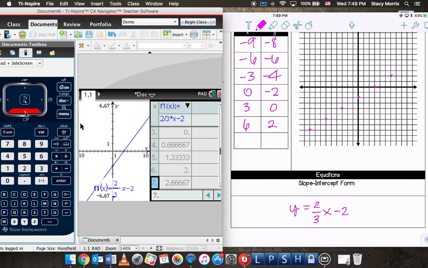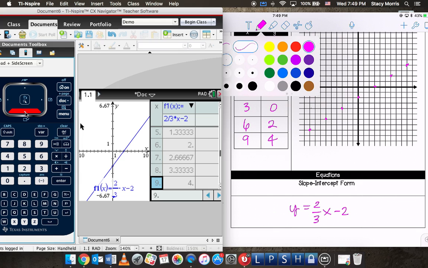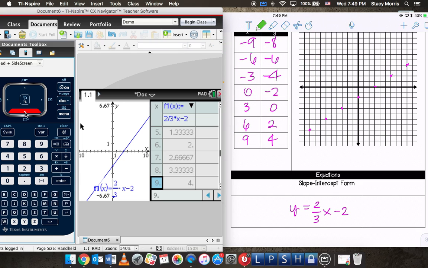Let's get one more. 9, 4 is going to be the last one. So again, up 1, 2, right 1, 2, 3. There it is. All right, and then we should be able to draw that line also. There it is, all right?